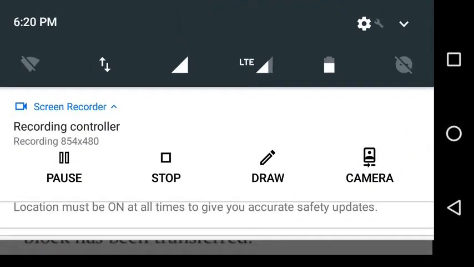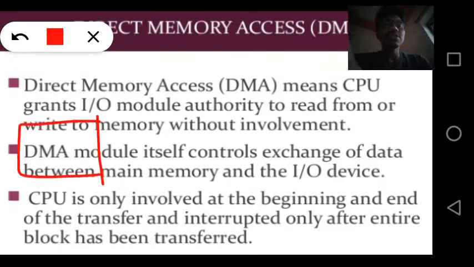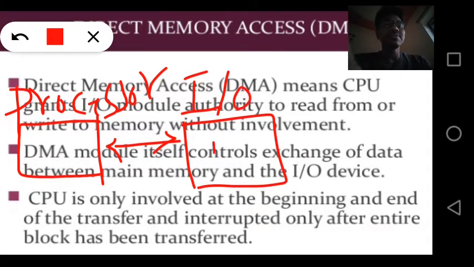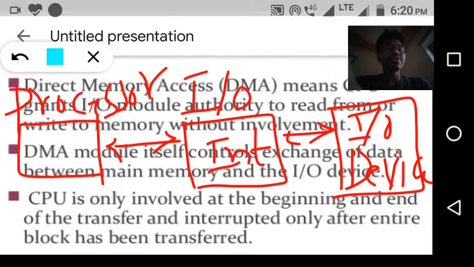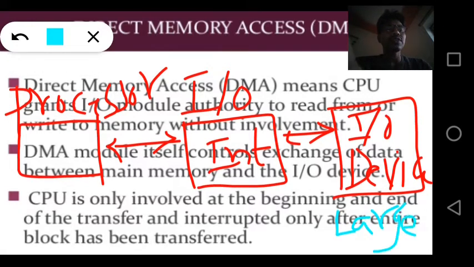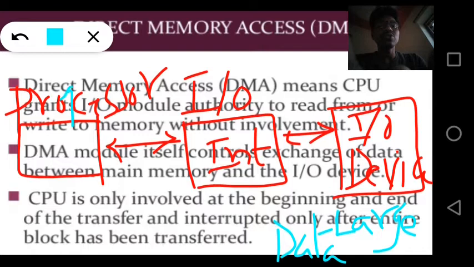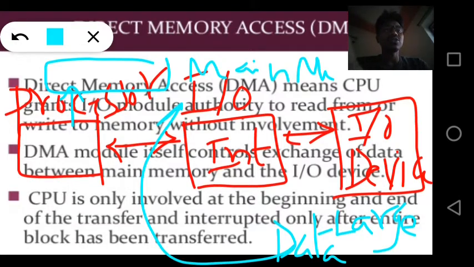Earlier, if this is my processor, and this is an IO interface, and this is my IO device, the processor would be involved in transferring the large amount of data, which ultimately goes to main memory.